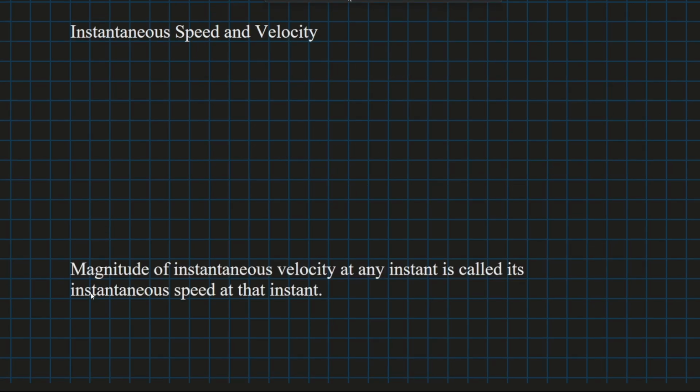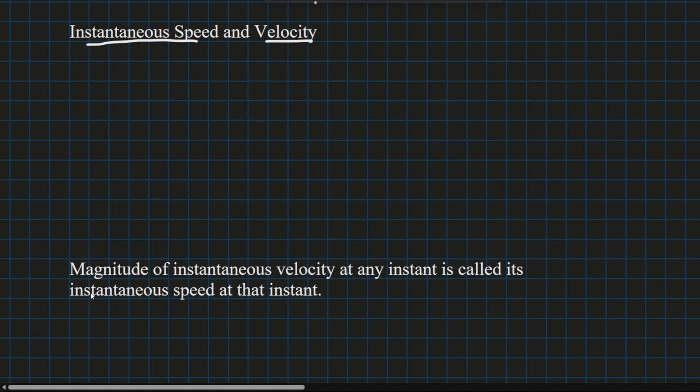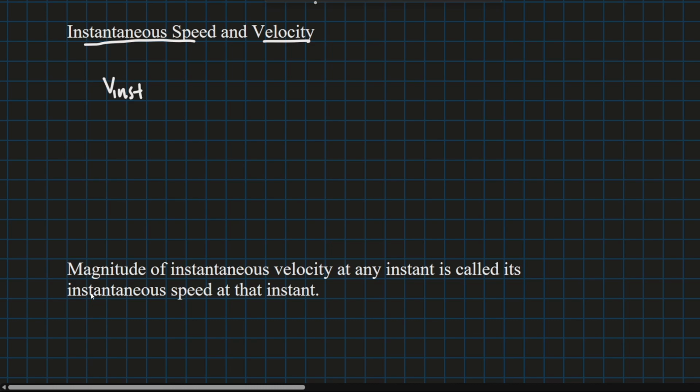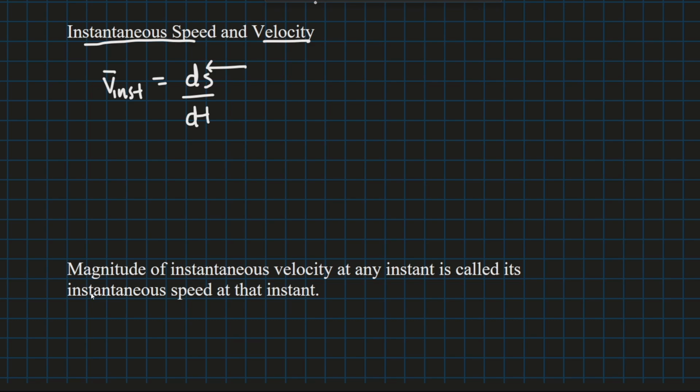Now, what is instantaneous speed and instantaneous velocity? Instantaneous velocity is denoted by ds upon dt, where, as we all know, d stands for a small or a tiny change in the displacement and a small and tiny change in the time.